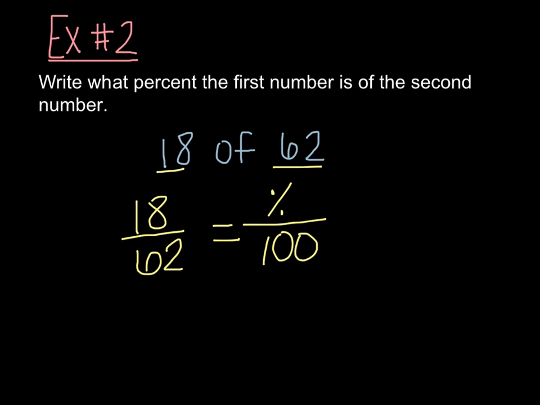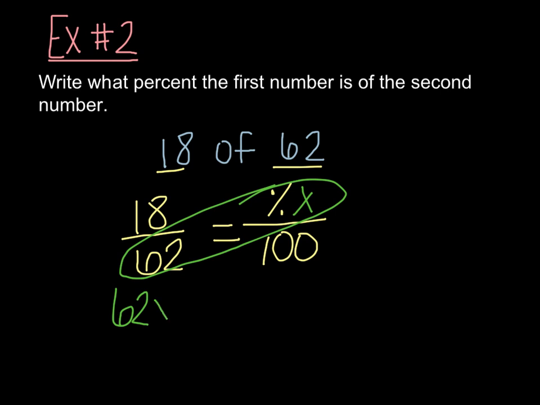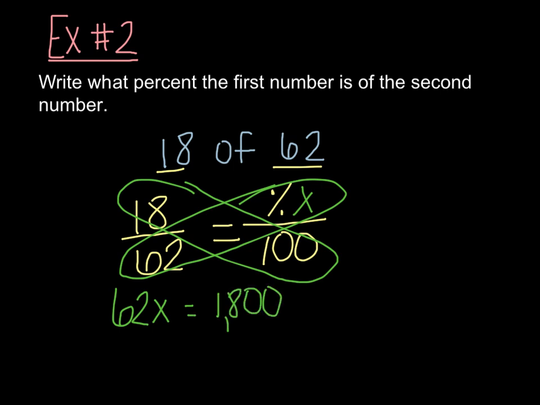And now I cross multiply again. So for the percent, I'm going to put an X. So when we cross multiply, we have 62 times X, which just becomes 62X, and 18 times 100, which becomes 1,800. Now we have to get X by itself.